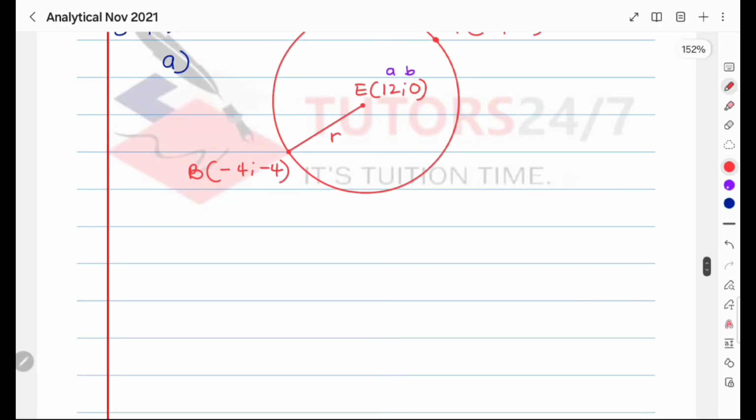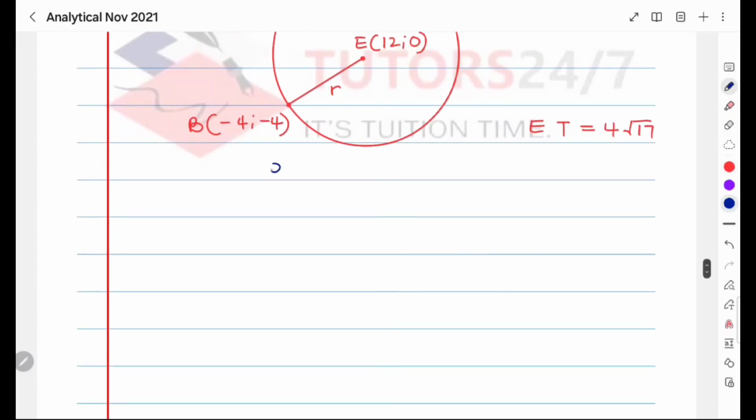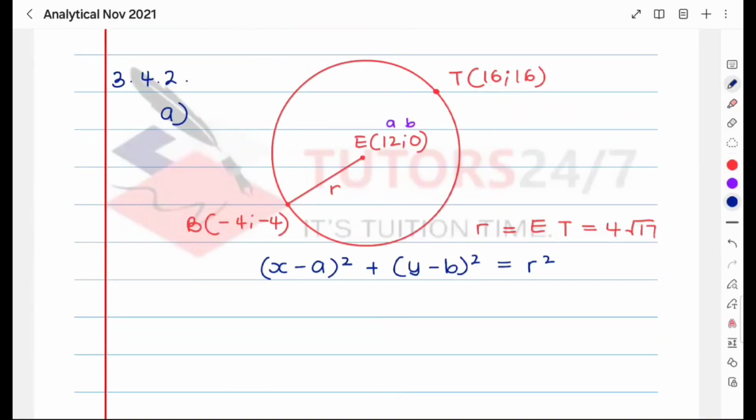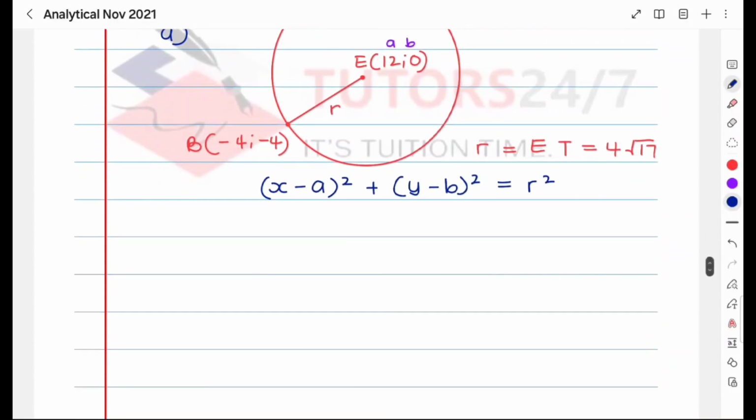So here, let us just make a note: ET is 4√17. Now the equation of a circle is (x − a)² + (y − b)² = r². We know that the radius is ET. So we substitute the value of a, which is 12.